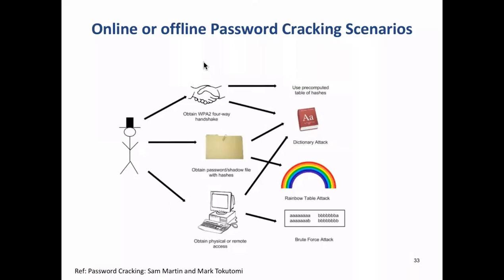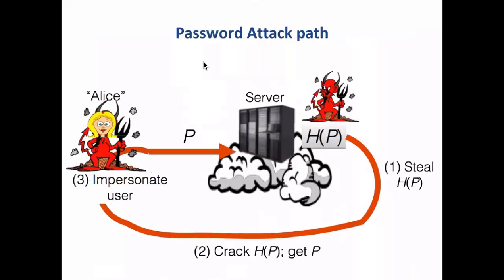All right, and the common methods are dictionary attack, rainbow table attack, or brute force attack. Of course, there is a lot of advancement in cracking techniques now, but we'll look at these three today very briefly. This is the one we have studied earlier: the password is available to hackers in hashed form.